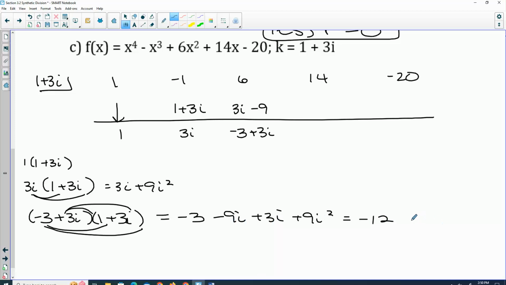Negative 9i and positive 3i is negative 6i. Okay. Not beautiful, but we're almost done. When you combine like terms, 14 plus negative 12.